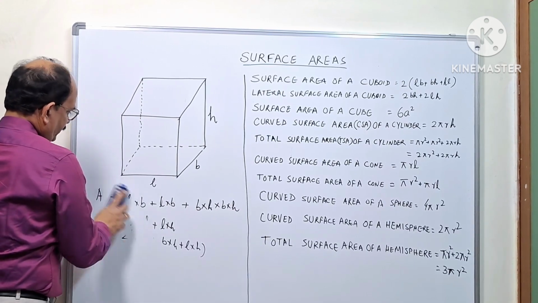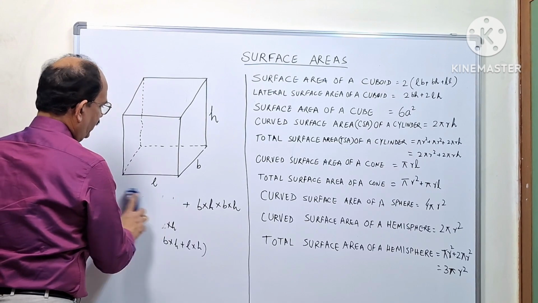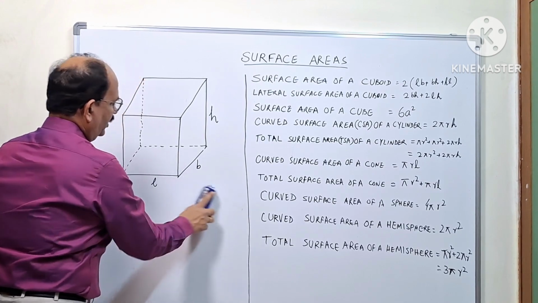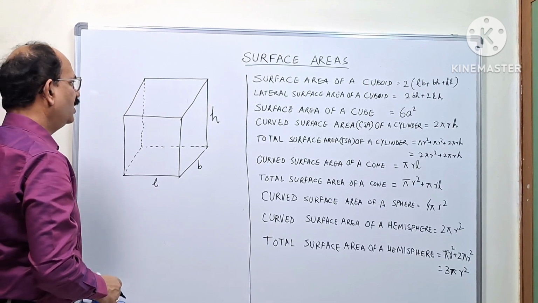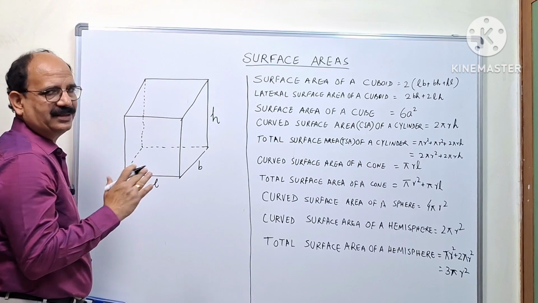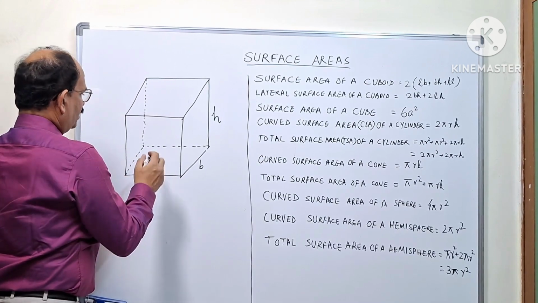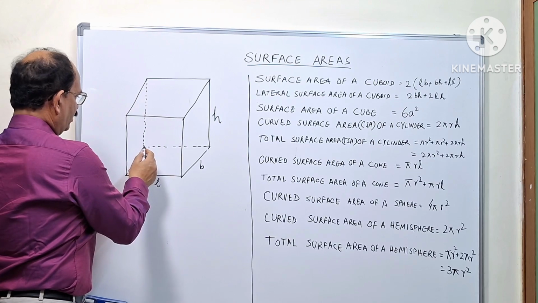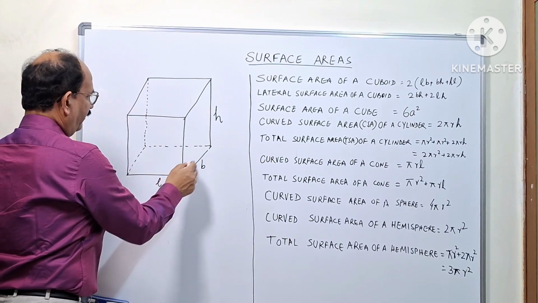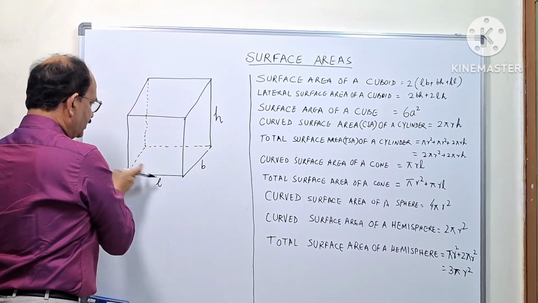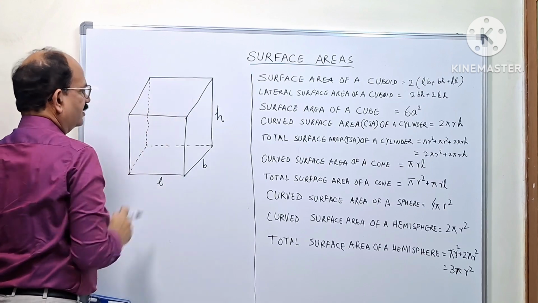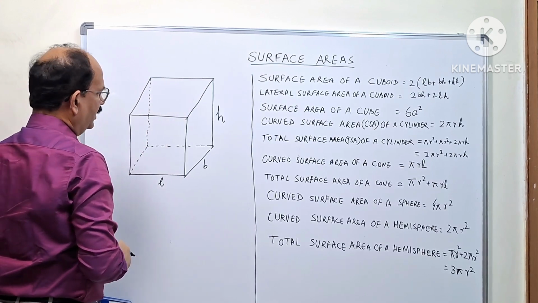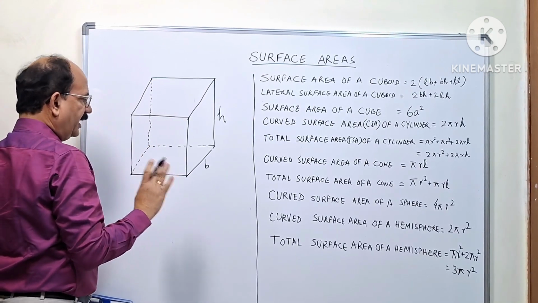Let's look at the next part, that is lateral surface area. When we talk about lateral surface area, it involves only those faces which have height involved into it. So you need to then exclude the one face which is having at the base and just opposite to that, which is the face at the top, because that does not involve height.